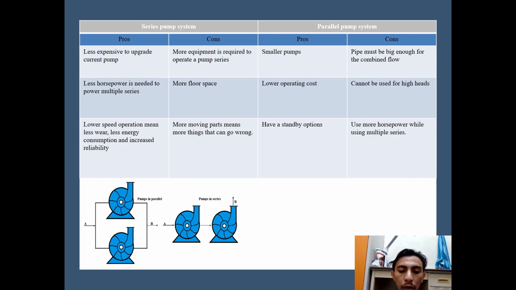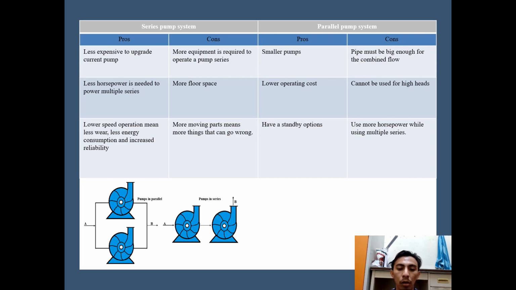We have pros and cons, where the series pump is less expensive to upgrade, the current pump uses less horsepower and low speed operation, which means low energy consumption and increased reliability. The pros of the parallel pump system are that it has a smaller pump, lower operating cost, and a standby option.